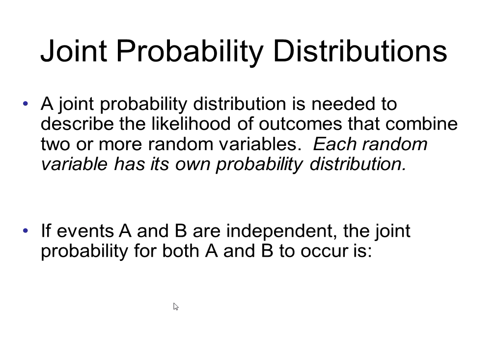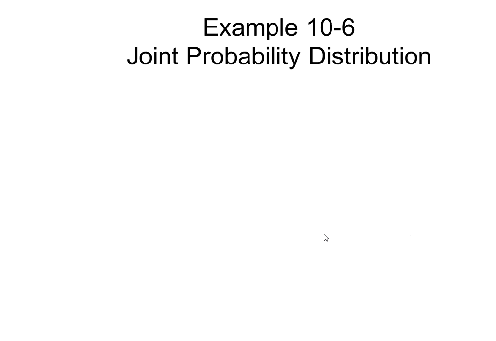If events A and B are independent, the joint probability for both A and B to occur is just the product of P(A) and P(B). But that's only true if A and B are independent events.